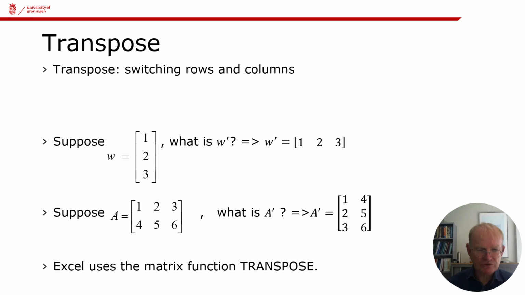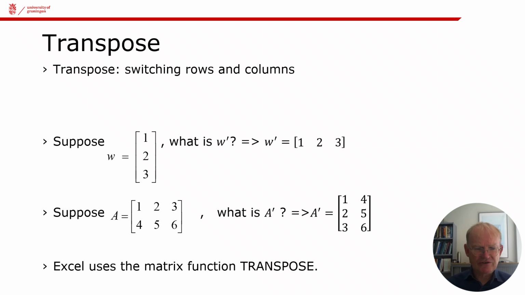So suppose I have a column vector 1, 2, 3, and I really need a row vector because, as we later see, this may be important in certain operations. So then I first need to do a transpose. So W is the column vector, but if I use an apostrophe here, then it indicates that I transpose the column vector and it becomes a row vector.